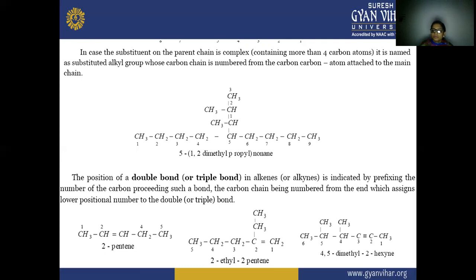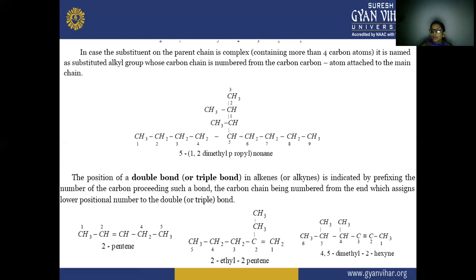Next is CH3, CH, CH3, CH, CH3, C triple bond C, CH3. In this, the longest chain is 6 carbon atoms, that is hex, and there is a triple bond. So we are not numbering it from the left side even though the alkyl group is nearer to the left side, but we are numbering it from the right side because the triple bond is nearer to the right side.